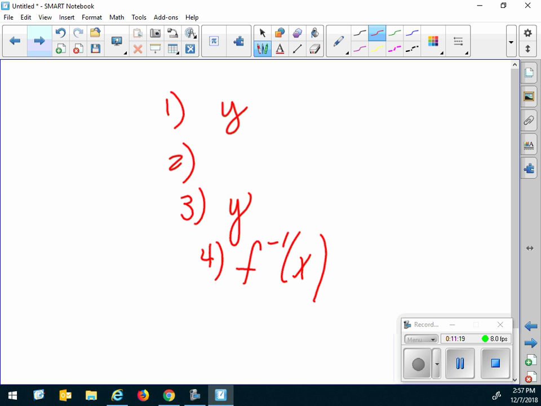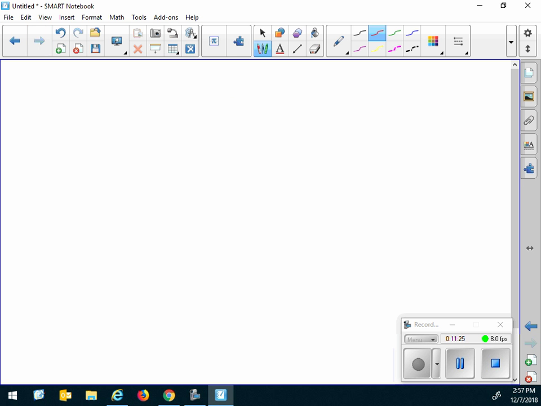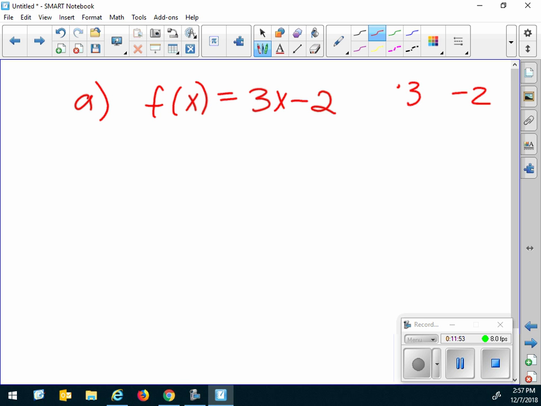Now on that first page, we're just going to find the inverses, okay? Look at A. A says find the inverse. Now, before we do it with those mathematical steps, we're going to do it just with our brain, okay? Now, I want you to look at this number, x. What gets done to this number x and in what order? It gets multiplied by 3, and then subtracting 2. How do we undo that? Do you remember?